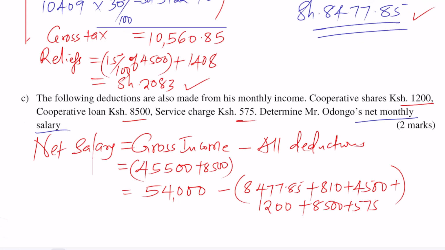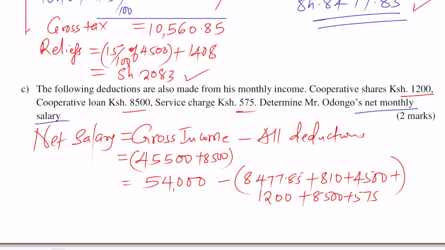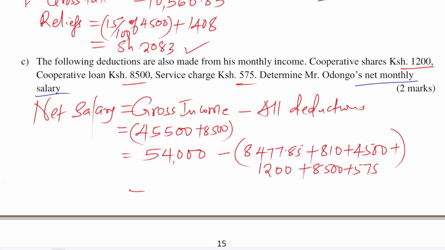So we get the net salary. To get net salary, we take the gross income, which is 54,000, then subtract all the deductions. Work out these using a calculator, and all the deductions will amount to 24,062 and 85 cents.